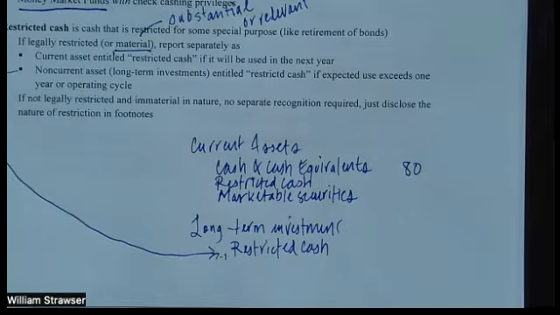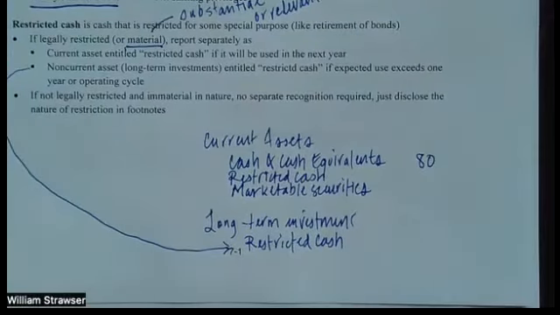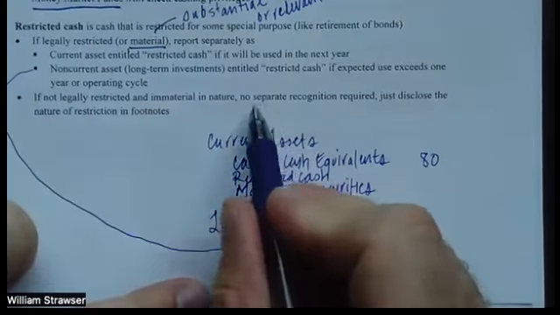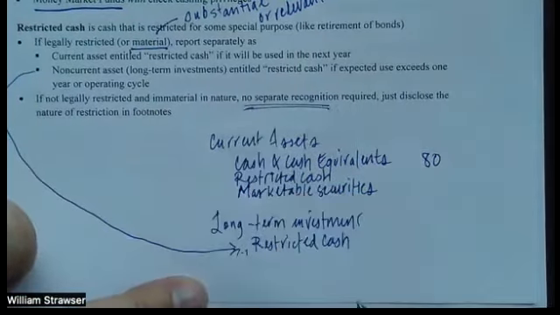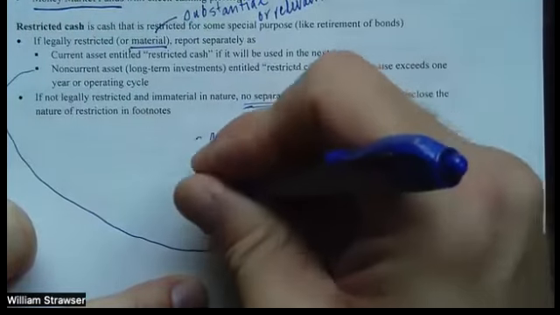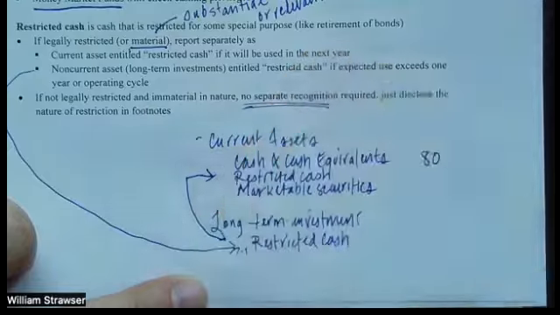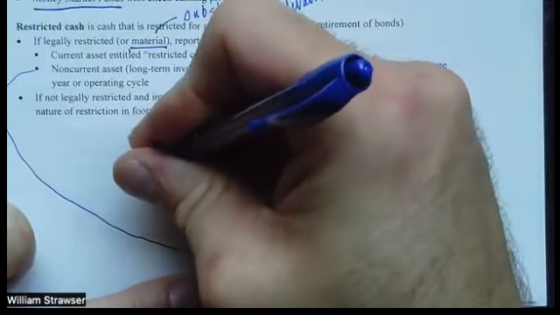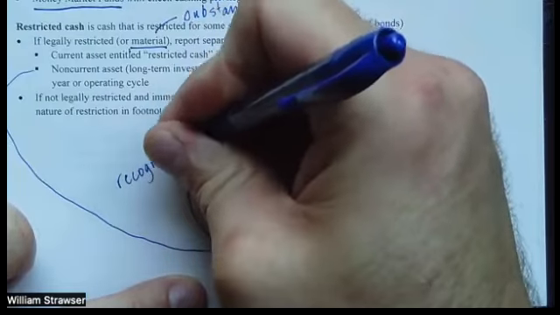If there are restrictions, but they're not legal, or they're immaterial, then we don't have to recognize it separately. So this designation, either here or here, is a recognition threshold.